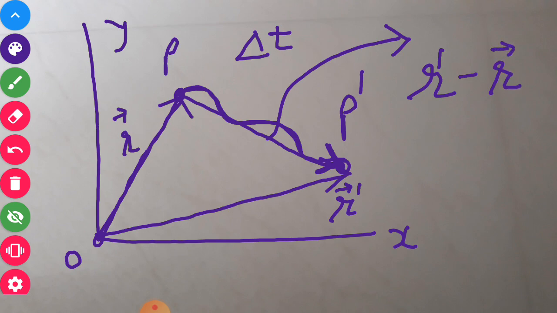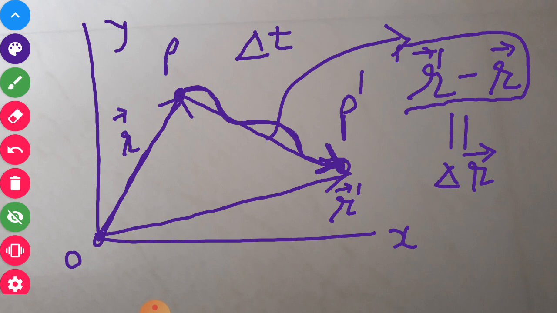So it becomes vector r prime minus r, the change in position, which is nothing but the displacement. Displacement can be drawn by joining the initial point to the final point, and final position minus initial position gives displacement. So r prime minus r becomes delta r.